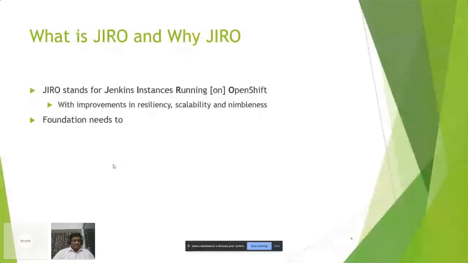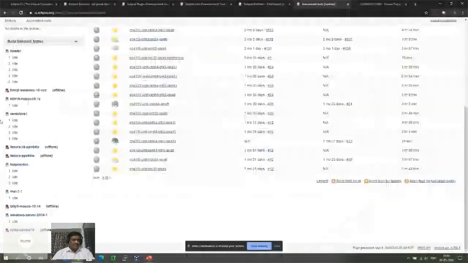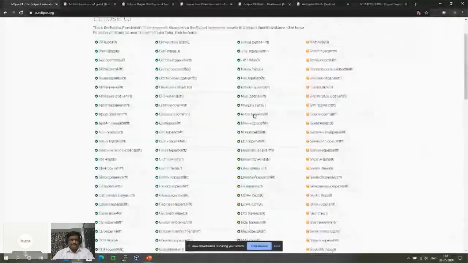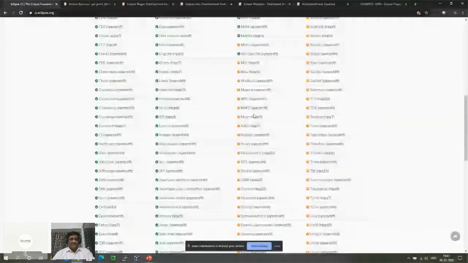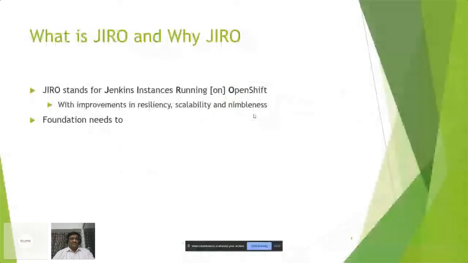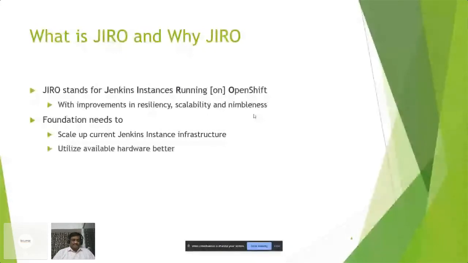Because more Jenkins instances are required and more resources are requested day in, day out, the Foundation has to scale up the current infrastructure. Then they have to utilize hardware better.